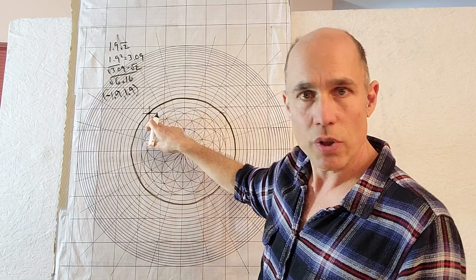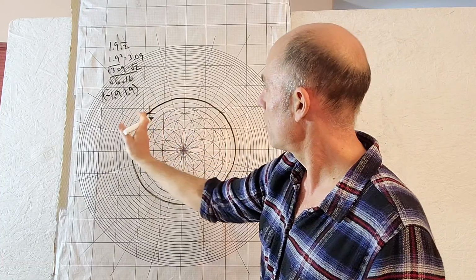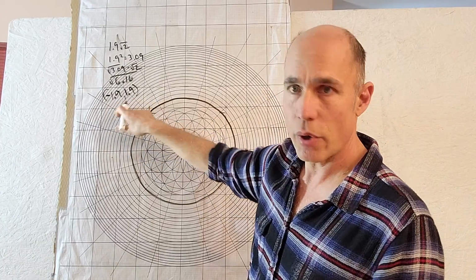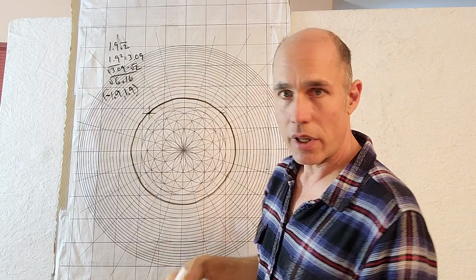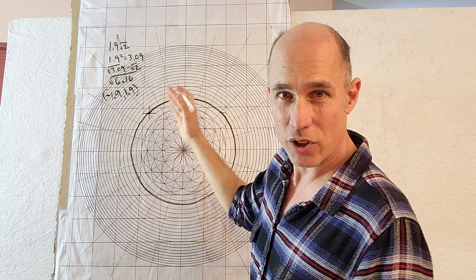So now what I'm going to do is draw a line going off of this coordinate point here at a 45-degree angle going up that way. So what I'm going to do next is just mark off all the points on that line.